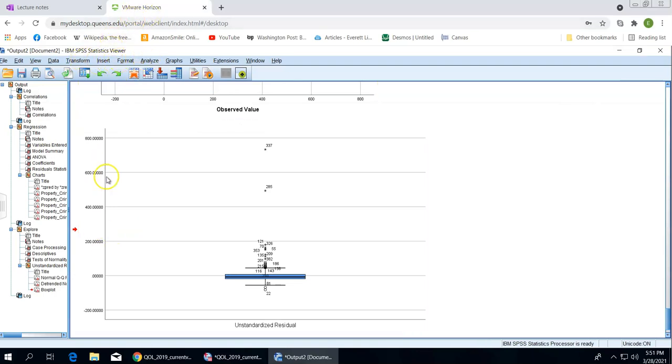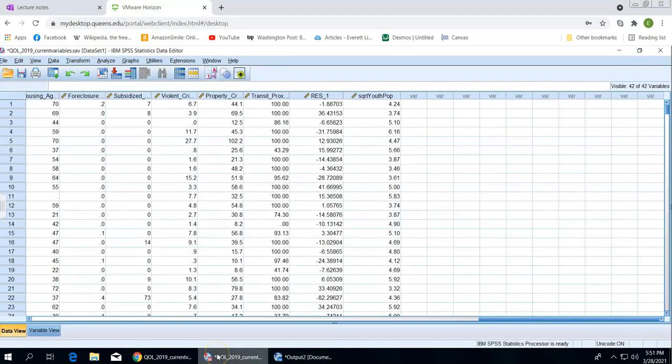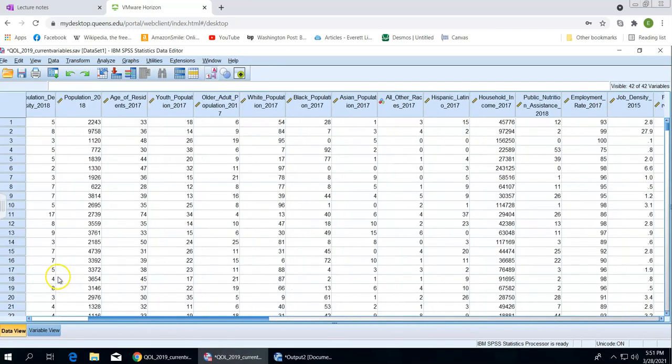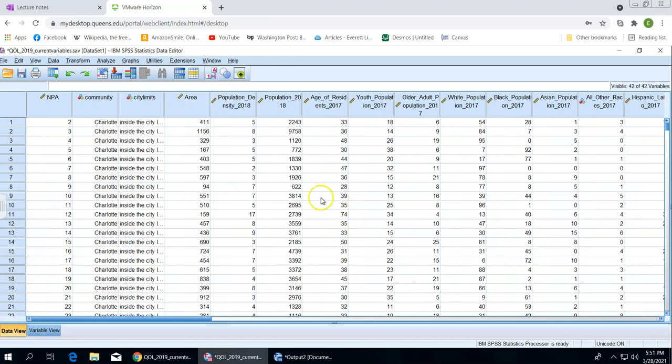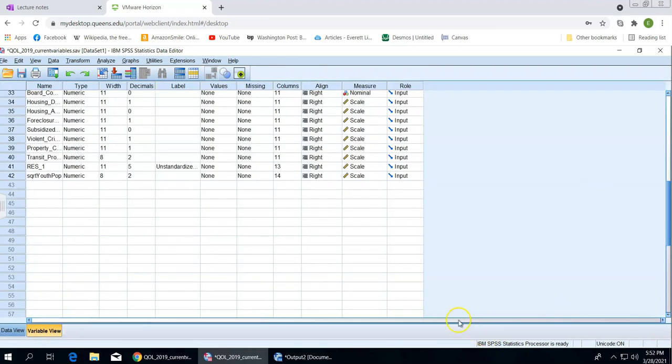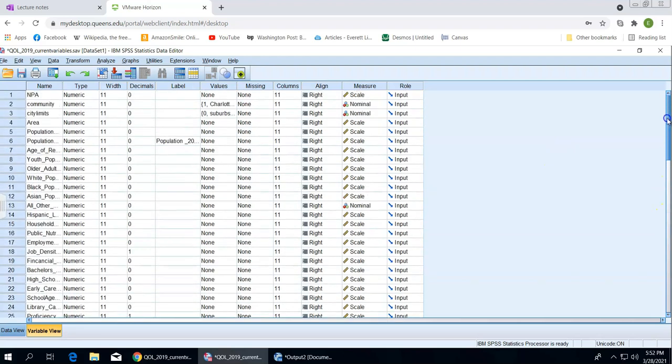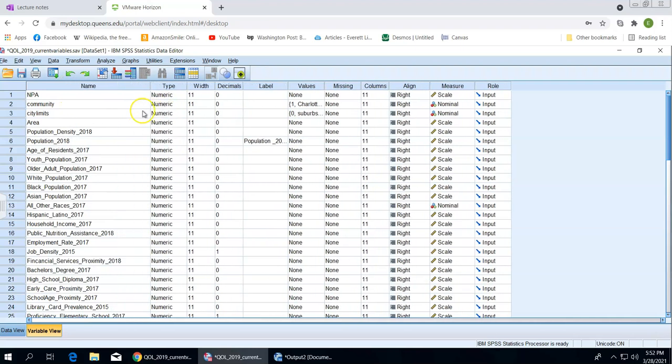So one thing that you should have done to start with, and I didn't mention this because it's part of model building, which we'll get into next time, is you're going to want to look at your data, and you're going to want to be kind of the expert on the data. So you're going to want to understand a little bit about how the phenomenon works.